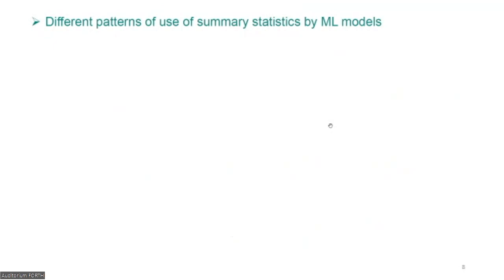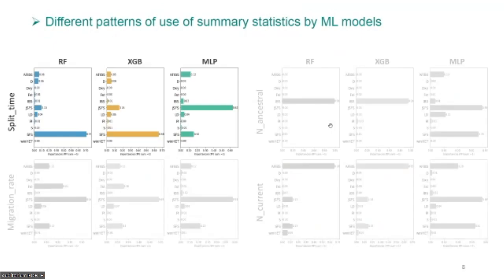Then, once we saw the performances of these regression methods, we wanted to see what were the classes of summary statistics used by these regression methods. And I show that here for the split time, random forest, XGBoost, MLP.